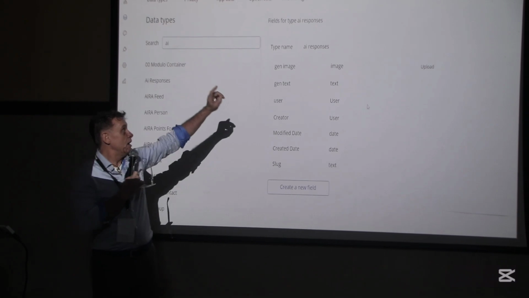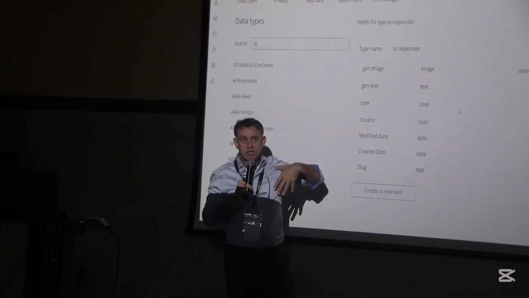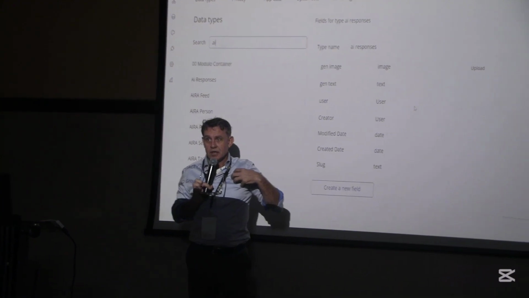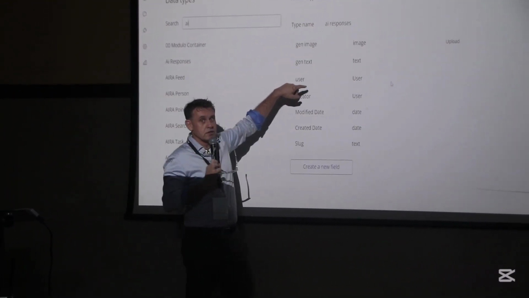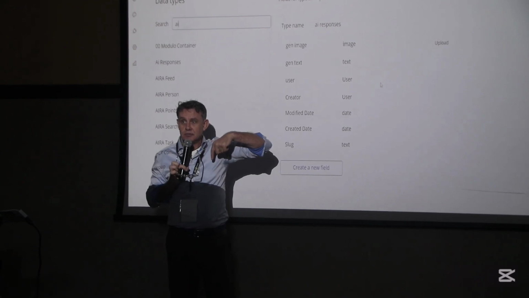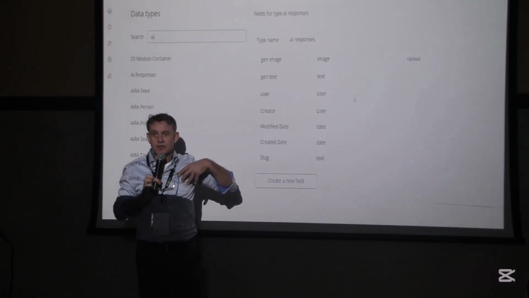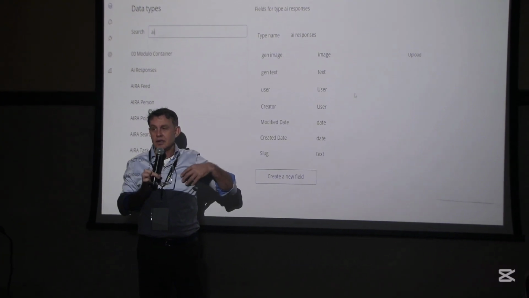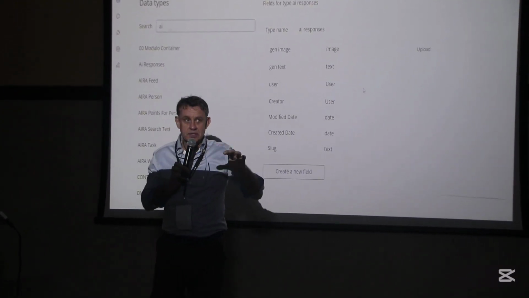So this way my app can make sure that everything that is stored is linked to that user that is logged into my app. So that when I create something, it's for me. When you create something, it's for you. And I will never ever be able to see it.